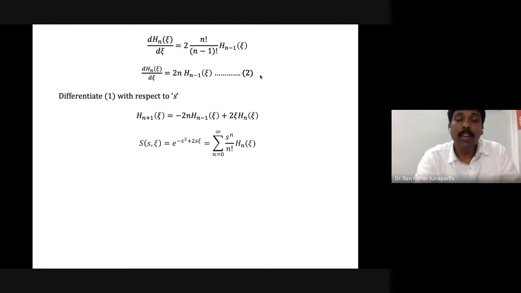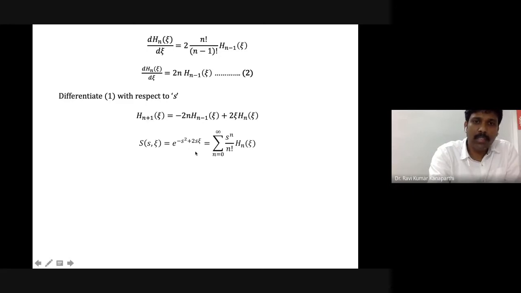Please remember, we initially took the first derivative with respect to z, and we obtained a relation that we labeled with 2. Now what I'm saying is that we can also calculate the first derivative with respect to s. So this is the generating function, and you can take the first derivative with respect to s.